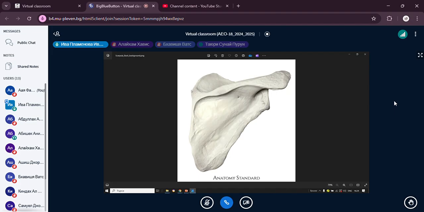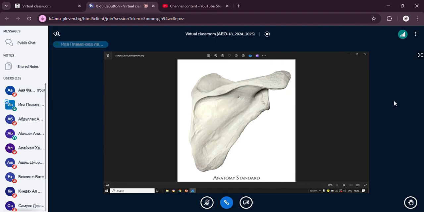That's the spine of the scapula, and it divides the dorsal surface into two parts. One which is upper and smaller, and the other one below the spine, the bigger part.